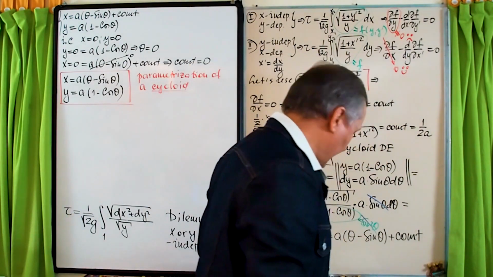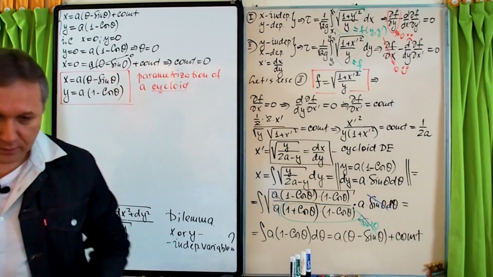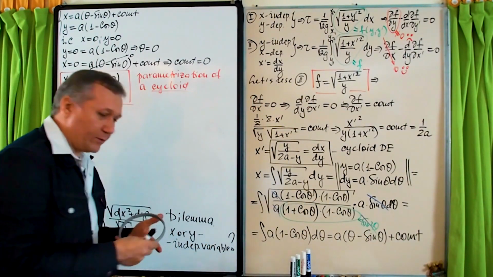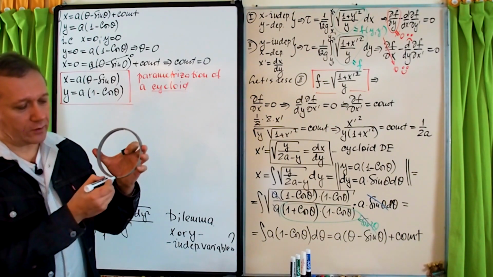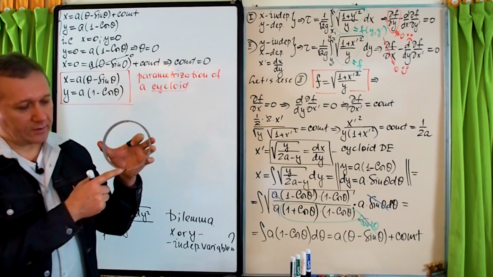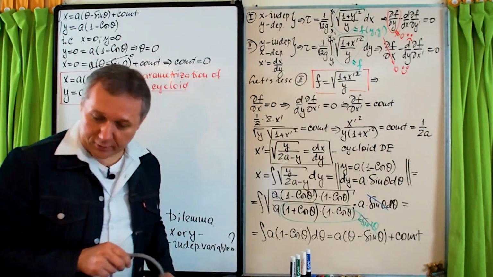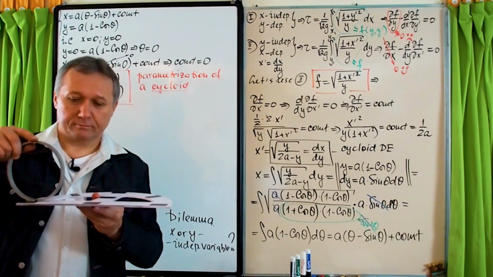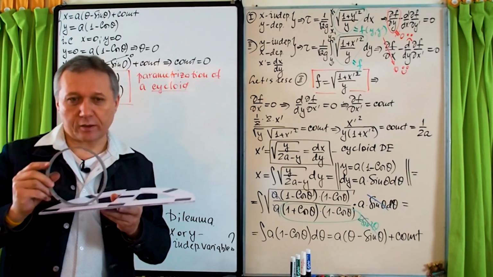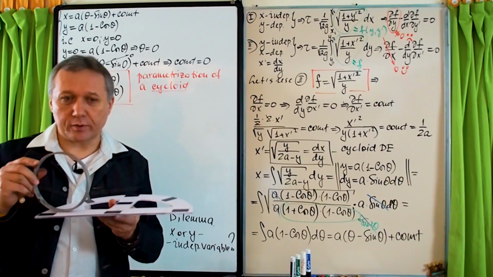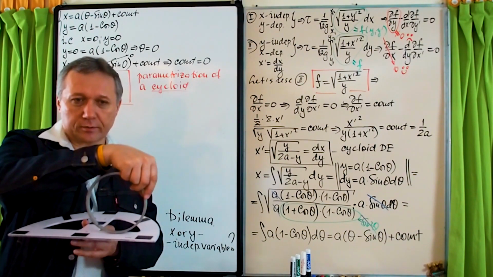What is a cycloid? I'm sure that you have probably seen it in the past in some of your classes. If you, for example, take a wheel, right, and put a dot on the wheel right over here, and start rolling it on some surface, and you keep track of that point, that point will draw a cycloid.